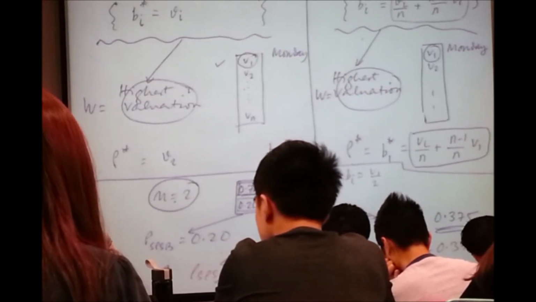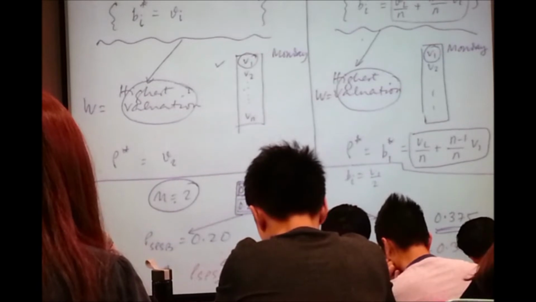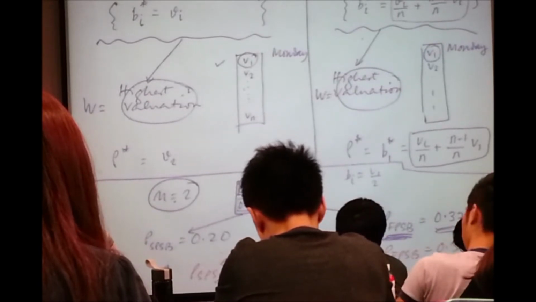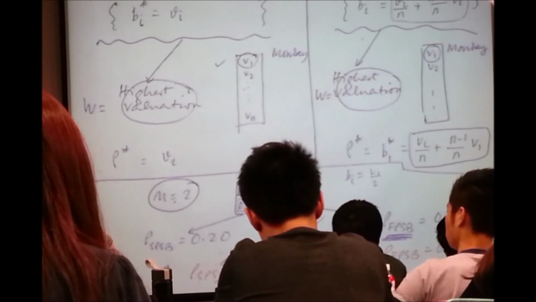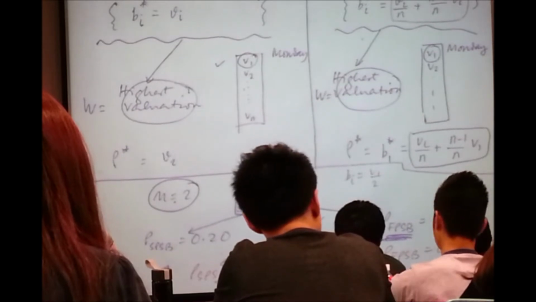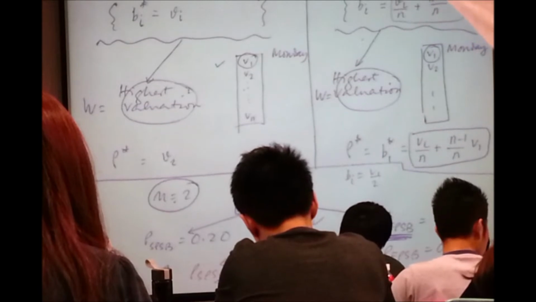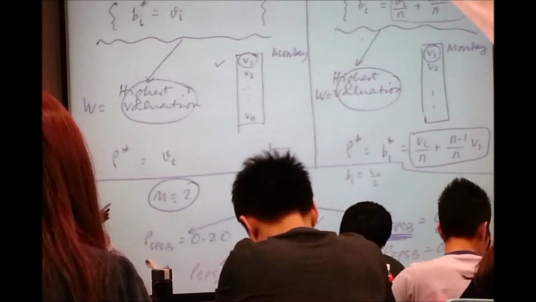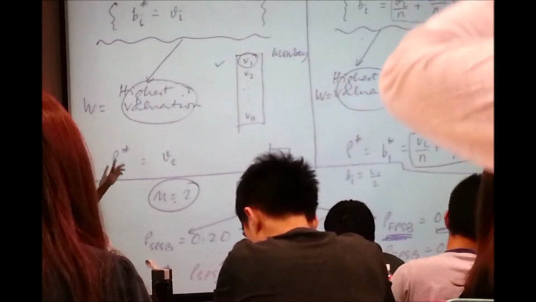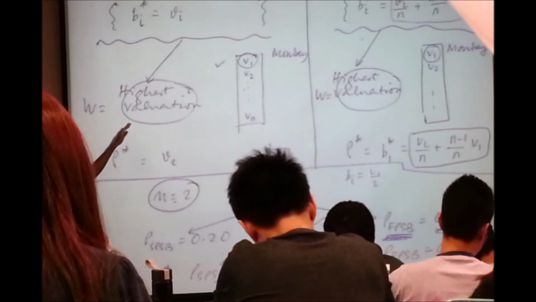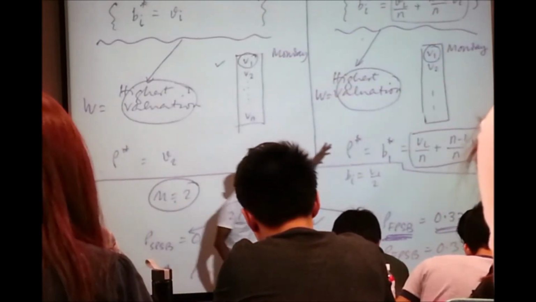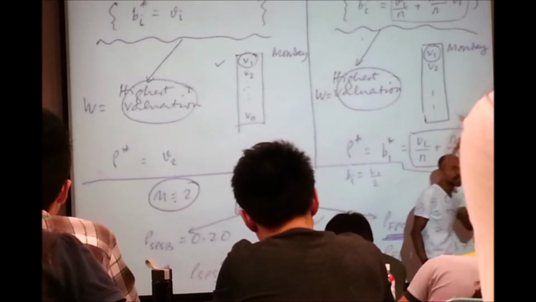Depending on what your sample is, depending on who your bidders are, depending on what their valuations are, either the first price auction could give you a higher price or a second price auction could give you a higher price. Can't tell. Important.